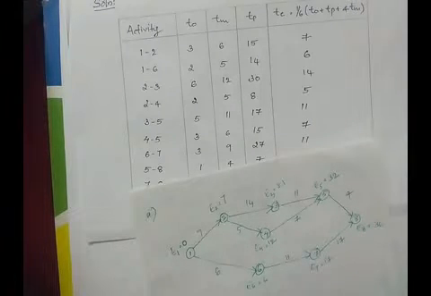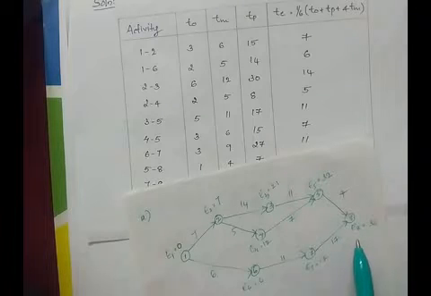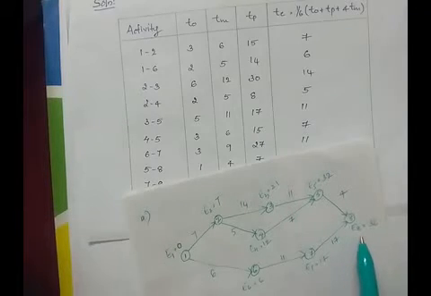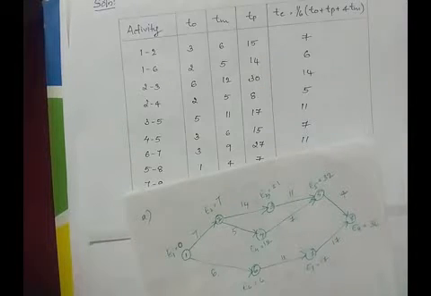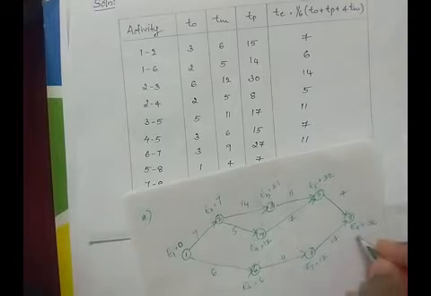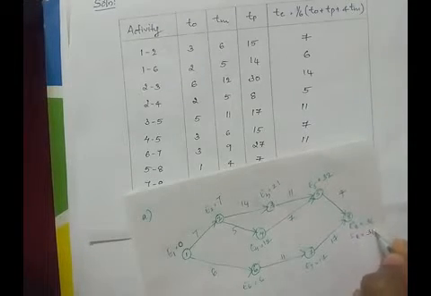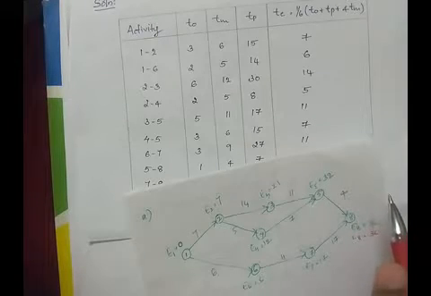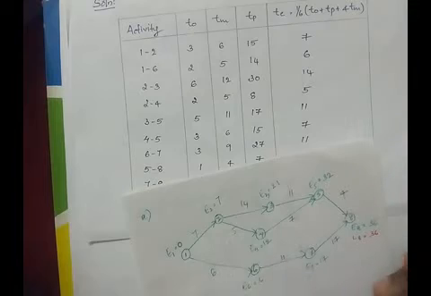Now the E values of all the events are written. Next we have to find the L values, which we start from the last event. The L value of the last event is equal to its E value. So L8 is equal to E8, which is 36. From here we go backwards and find the L value of each event.